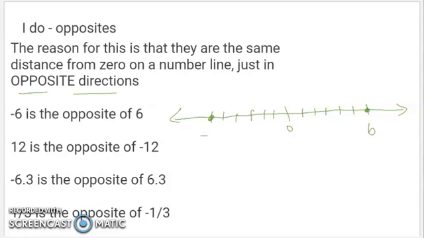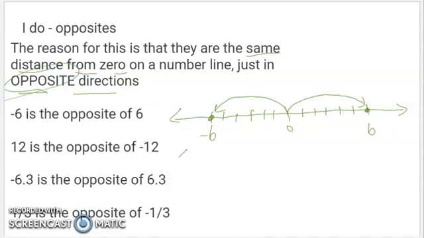In the opposite direction, there's negative 6. If I put those both on the number line, they're the same distance from 0, as I said, to get to 6 and to get to negative 6. You go the same distance, just in the opposite direction. That's why we would say negative 6 and 6 are opposite numbers.